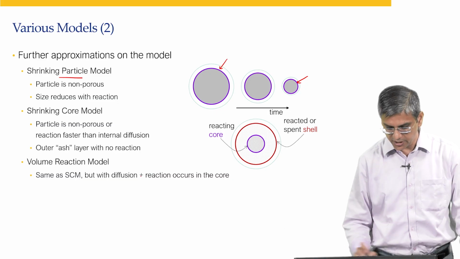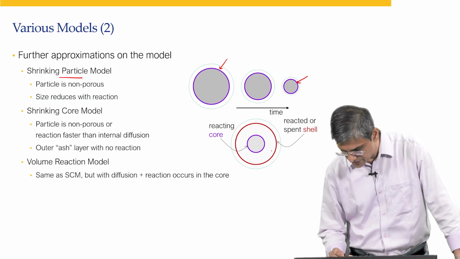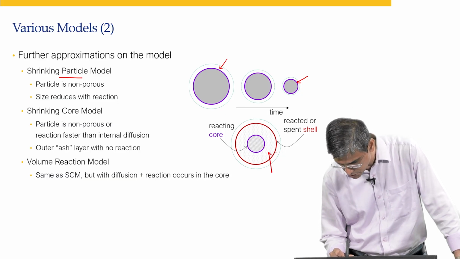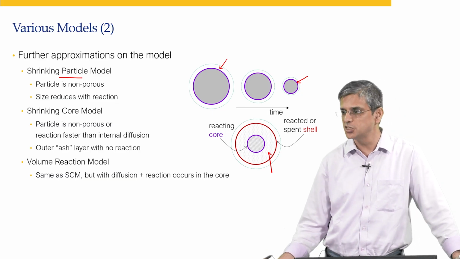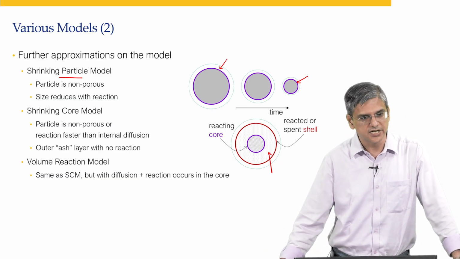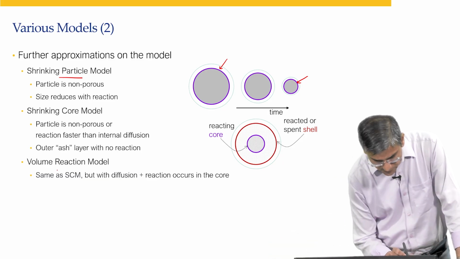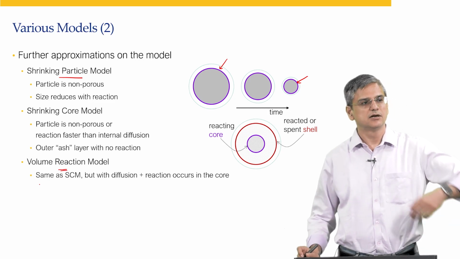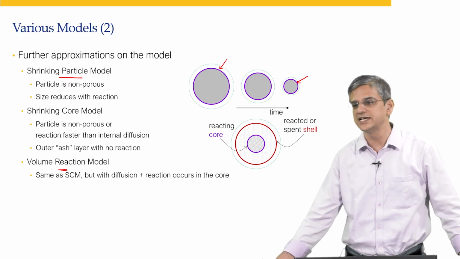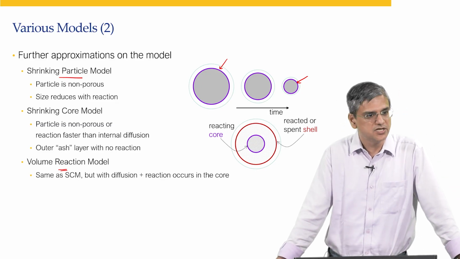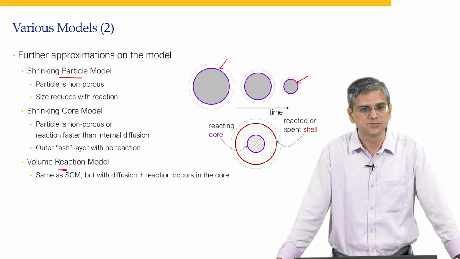The shrinking core model, or core and shell model, is where we have an outer shell of the spent material. So, the outer shell contains Q and the inner core contains B. The volume reactor model is the other end of the shrinking core model, where the diffusivity is extremely fast, alternatively the particle is very small, alternatively the k is very small.